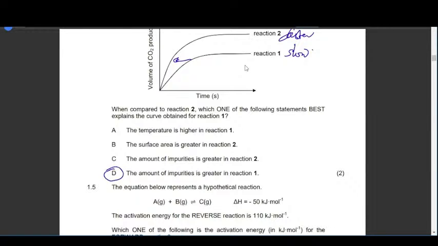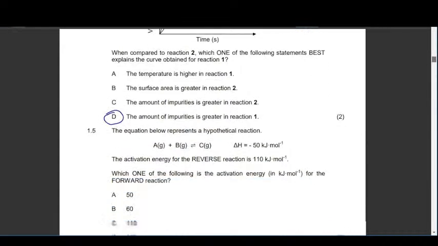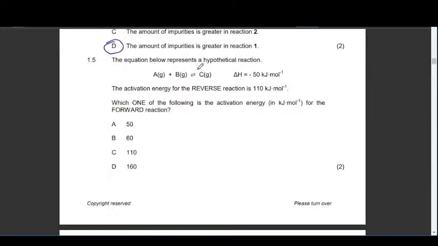D. Then they are saying that the equation below represents the hypothetical reaction, that is A plus B gives you C. You see that the enthalpy change is negative. If the enthalpy change is negative, what does it mean? The reaction is exothermic.